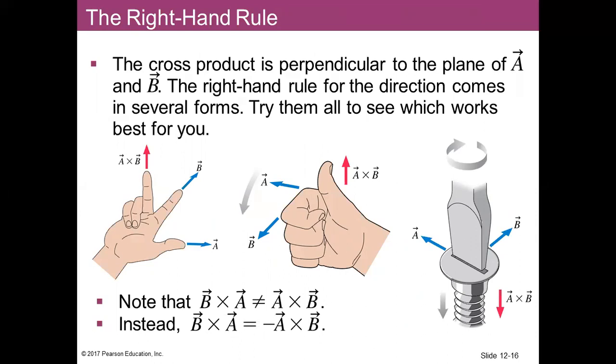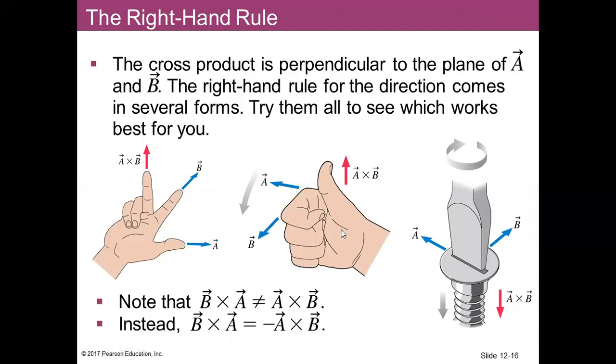The right-hand rule for the direction comes in several forms. Try them all to see which works best for you. Okay, so you can use this right-hand rule where the thumb represents the direction of A, then the pointing finger represents the direction of B. Then the cross product vector is represented by the middle finger.